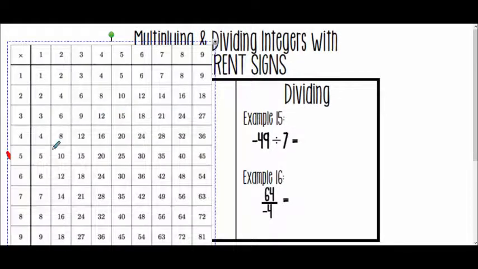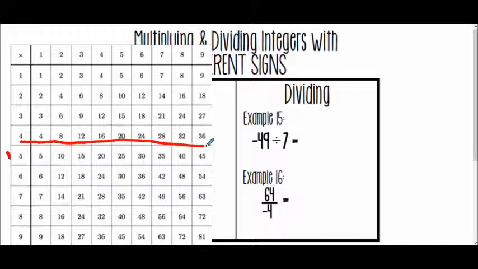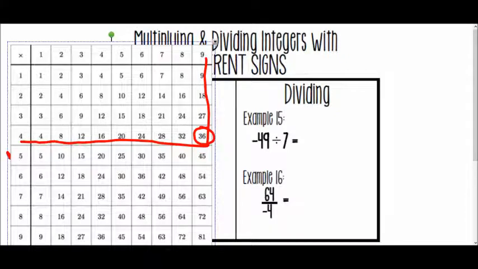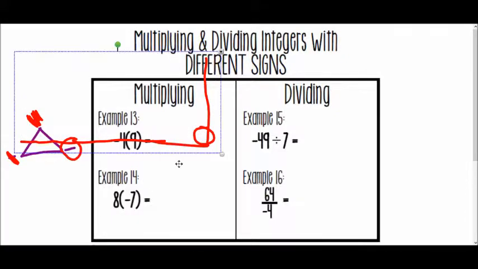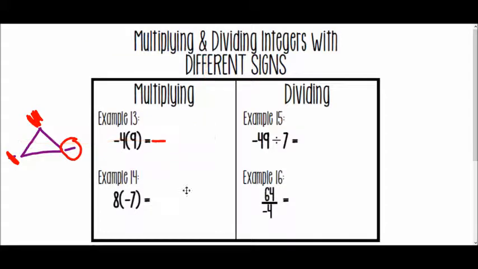So here's my multiplication table. What is 4 times 9? Here's 4, here's 9, and where they meet is 36. So it looks like our answer here is a negative 36.